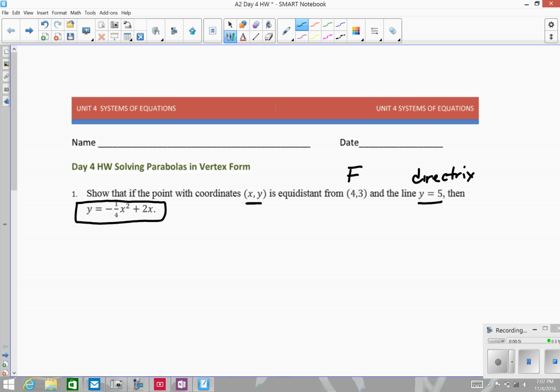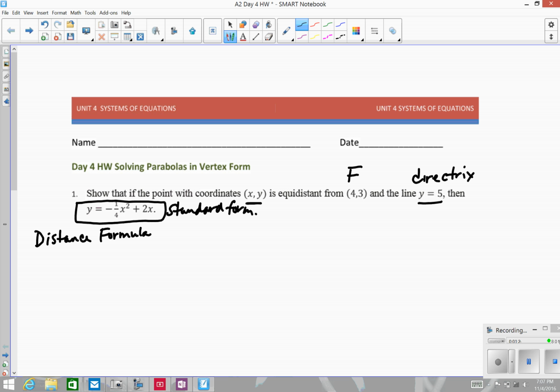So we're going to find the equation of that parabola using the distance formula for standard form. It's a little bit longer process, but it does give us the equation of our parabola in standard form, as in this problem.